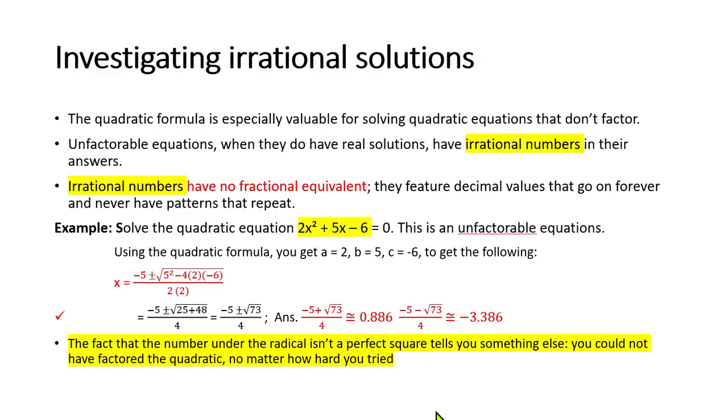So this is unfactorable. You apply the quadratic formula, but inside the square root sign, the number cannot be taken out as a rational number. So you still keep that irrational number.